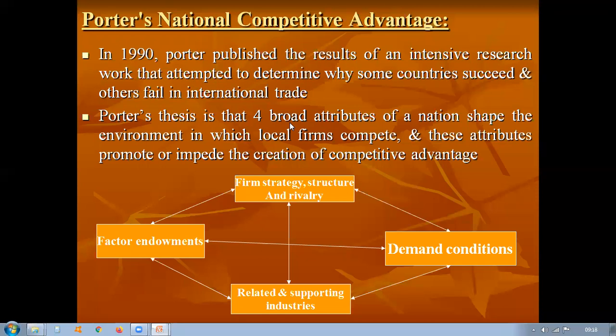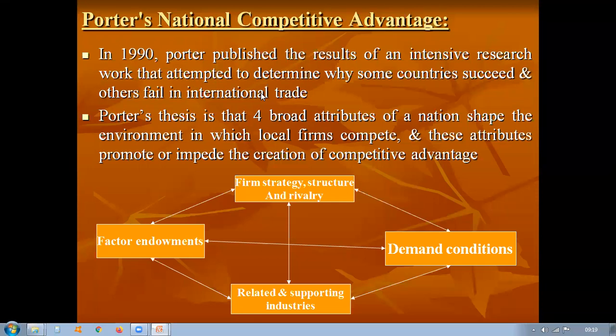The Heckscher-Ohlin theory, we have seen, deals with the classical factors: land, labor, capital, and organization. Porter emphasizes other factors like educational levels of the labor and quality of the country's infrastructure, as against Heckscher-Ohlin's classical factors.